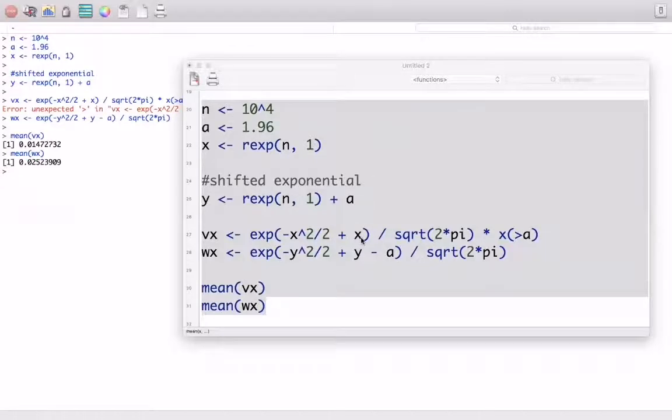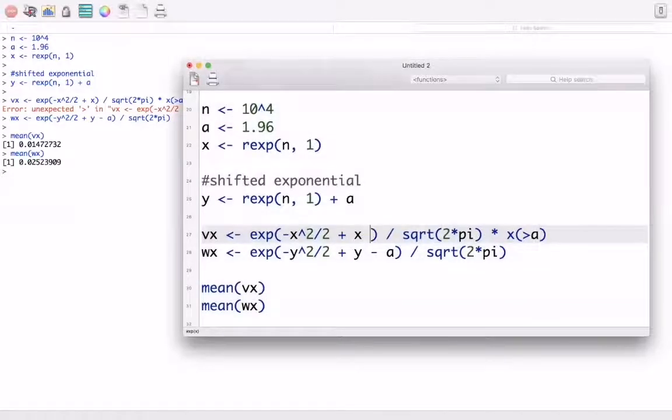Did I? Oh, I forgot something here. So here there is actually e to the power of minus x squared over 2 plus x. Did I leave out something here? The first one, Vx. X should be in the bracket.